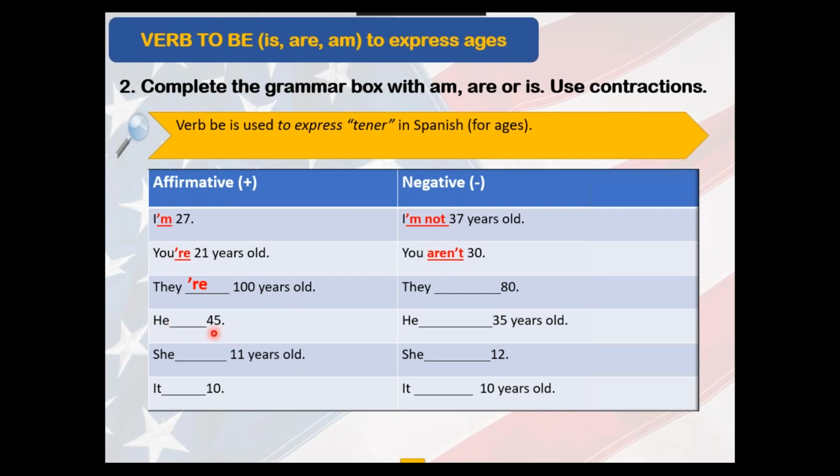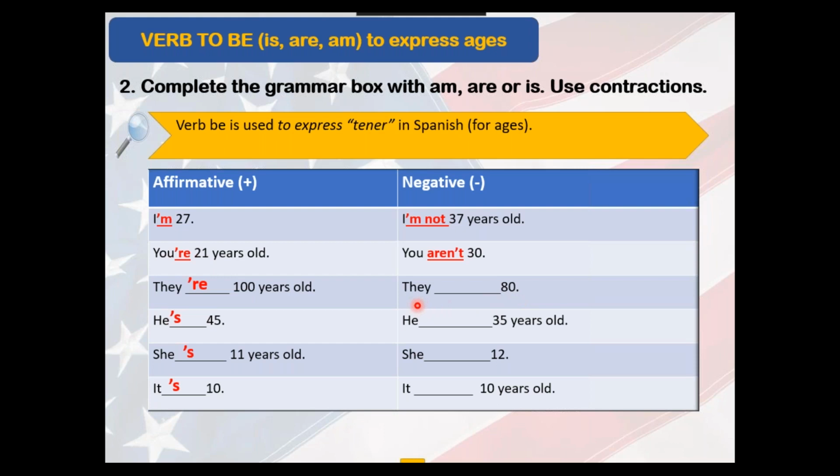Here, he 45. I use the contraction, the verb to be, his. He's 45. She 11 years old. She's 11 years old. It 10. It's 10. Perfect. Let's go in negative. I'm not 37 years old. You aren't 30. Come on, continue here.